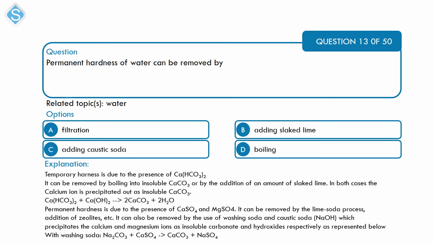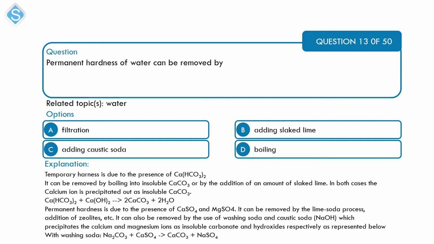Hardness of water generally is due to the presence of calcium and magnesium ions in form of trioxocarbonate or tetraoxosulfate. Now, temporary hardness is due to the presence of calcium hydrogen trioxocarbonate or magnesium hydrogen trioxocarbonate, and it can simply be removed by boiling or by the addition of a calculated amount of slaked lime.